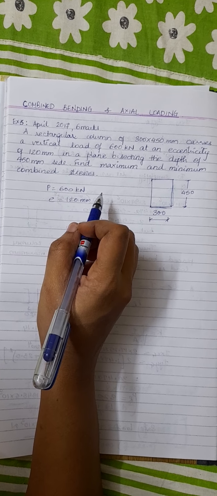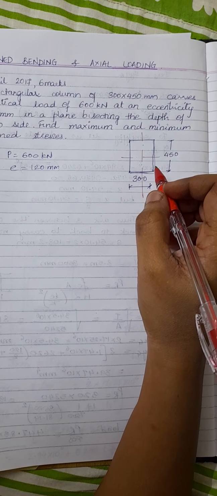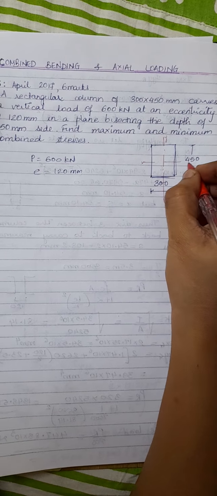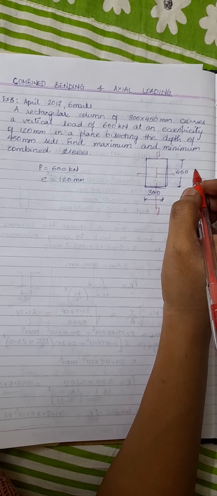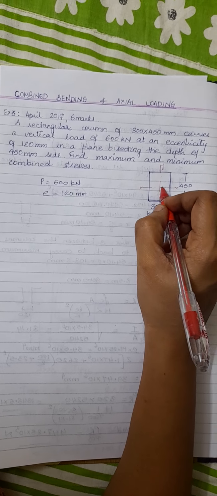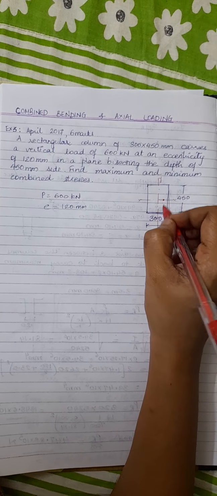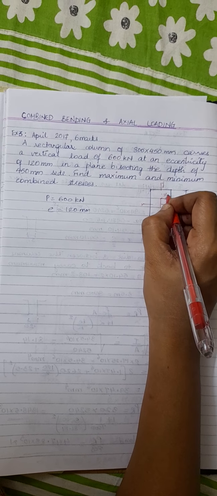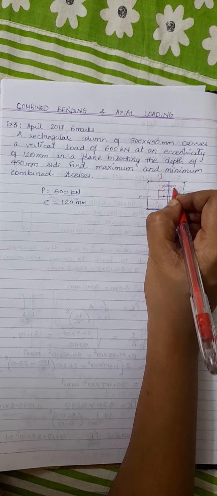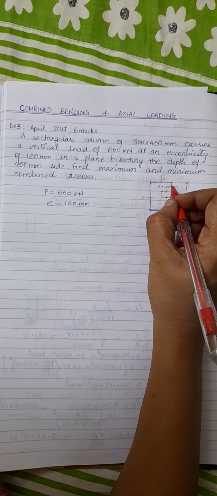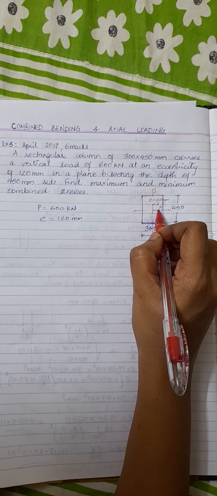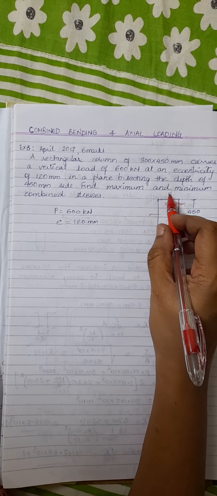So if I mark this xx and yy axis, it is bisecting the depth here. So this is going to be 120 mm. So E is 120. That means this load P is acting at distance E from yy axis.